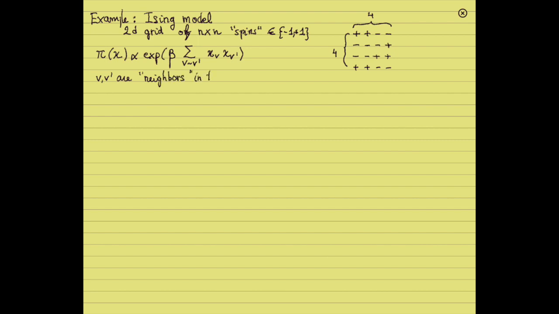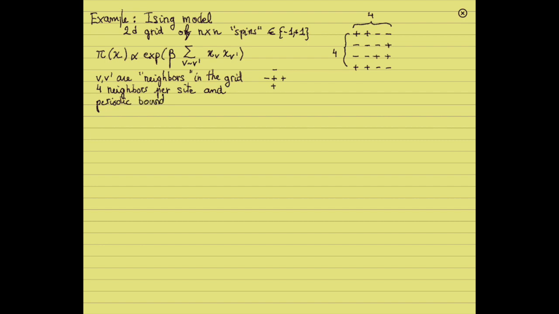So if we have a two-dimensional grid, here we have 4 neighbors for every vertex in the grid. So the one above, below, on the right and on the left. So we have 4 neighbors per site. So the site or vertex is every element among the n square elements in the grid.